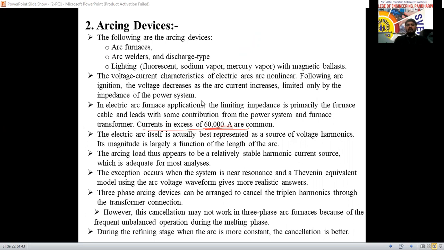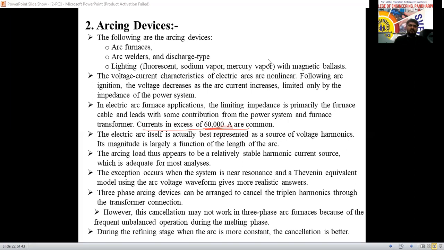The voltage-current characteristics of electric arcs are non-linear. The VI characteristics of these arcing devices are non-linear only. Following arc ignition, the voltage decreases as the arc current increases.